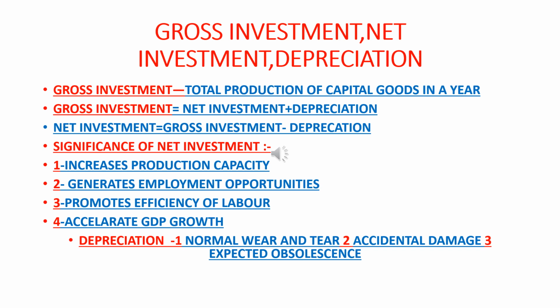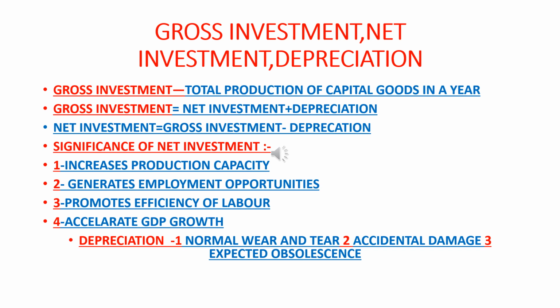Now we'll talk of gross investment, net investment and depreciation. But first we'll talk of depreciation. Depreciation is when a machine is used continuously, it leads to normal wear and tear. Its value goes down.